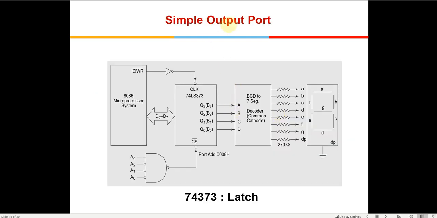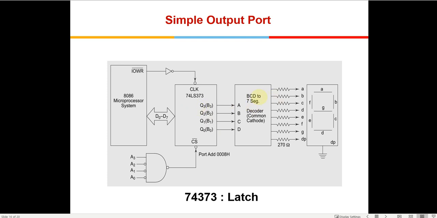This is a simple output port, and this is how it is connected. If you see my microprocessor, there will be some data lines, and I said we require a latch. This is a latch, the 74373. It is an 8-bit latch, so there are 8 latches.